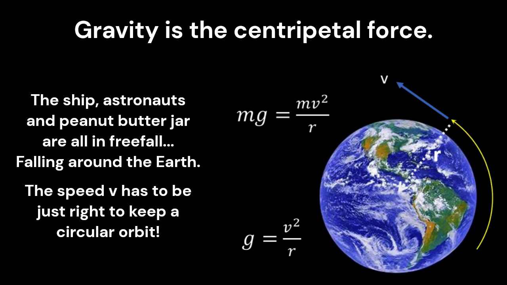Every mass gets treated exactly the same way. Every mass has the same acceleration. And that acceleration g of gravity equals v squared over r. So for a given height and a given gravity at that height, a certain v is required to stay in a circular orbit.